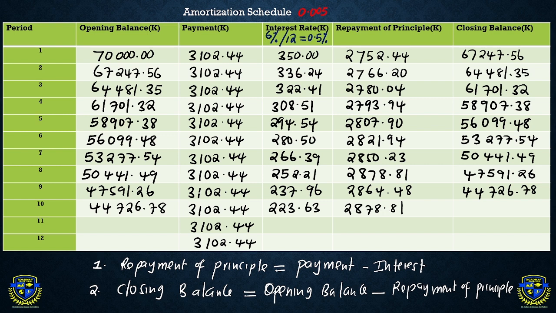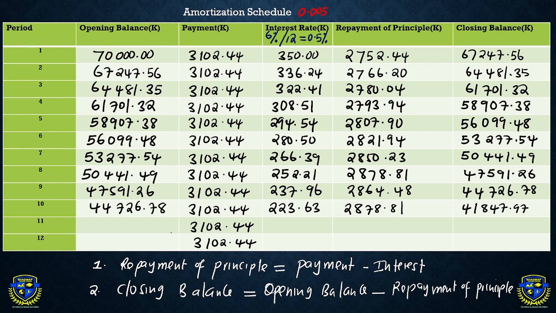When you subtract this value from the opening balance, you should be able to get something like 41,847.97. Yeah, something like that.